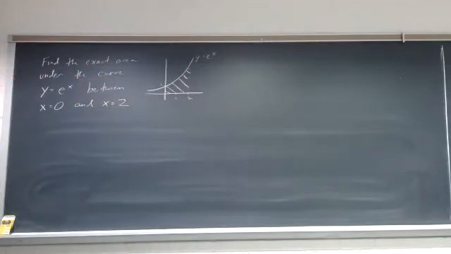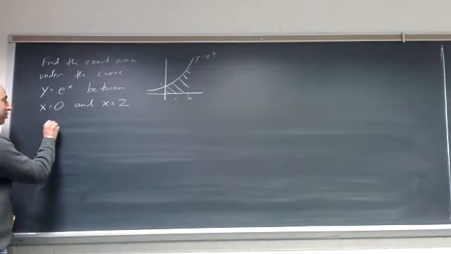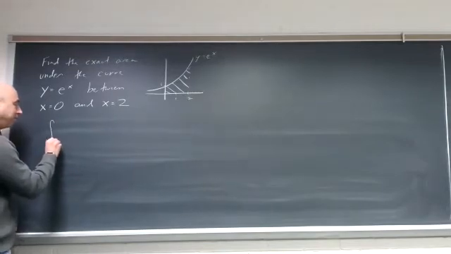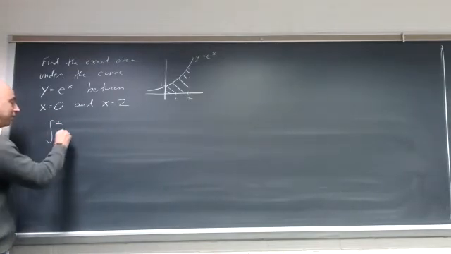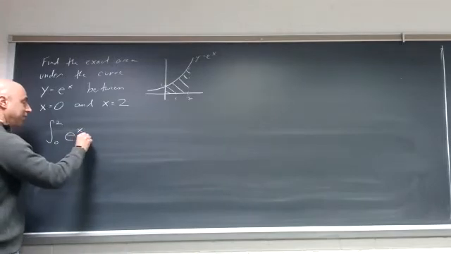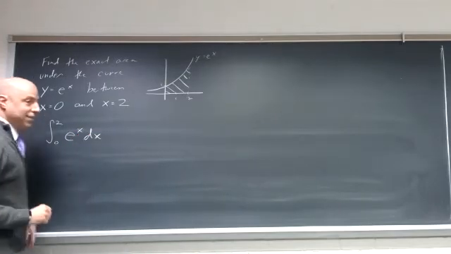That area. So in other words, what I'm asking you to do here is evaluate the definite integral between x equals 0 and x equals 2 of e to the x dx.